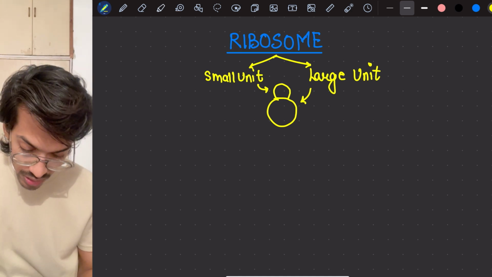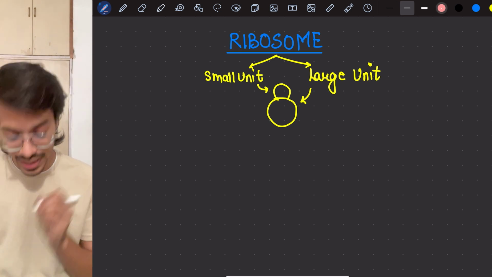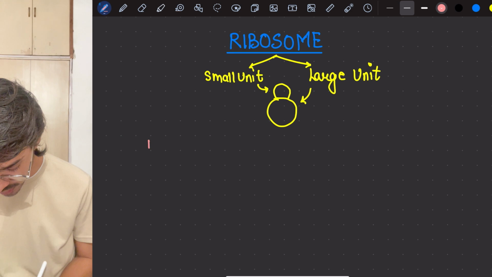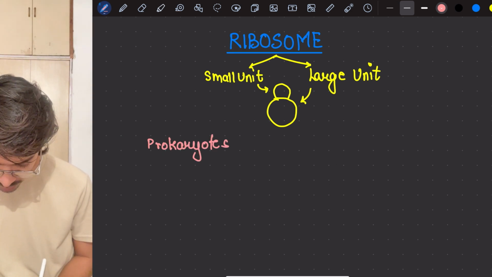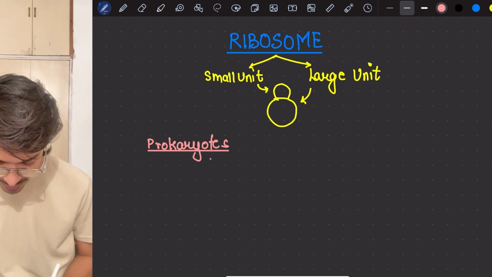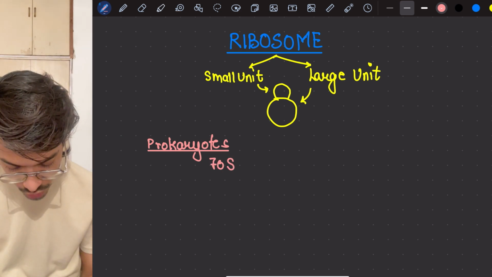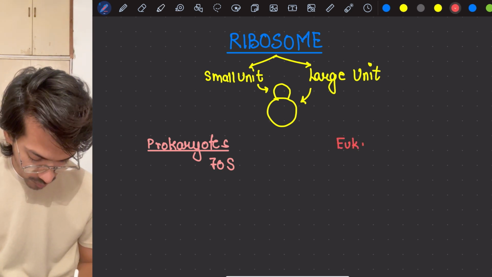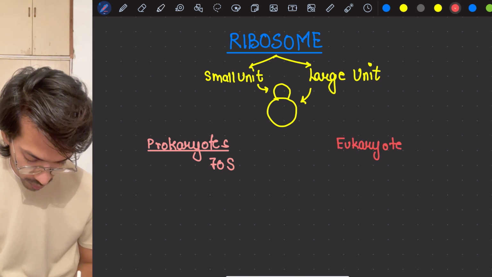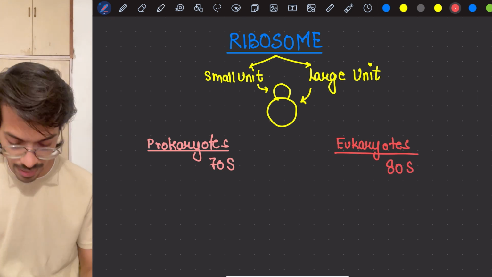So the first thing to remember is that ribosomes in prokaryotes and eukaryotes are different. In prokaryotes we have the 70S Svedberg unit ribosome, whereas in eukaryotes we have the 80S ribosome.